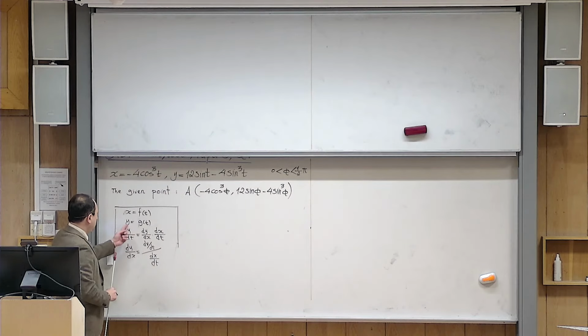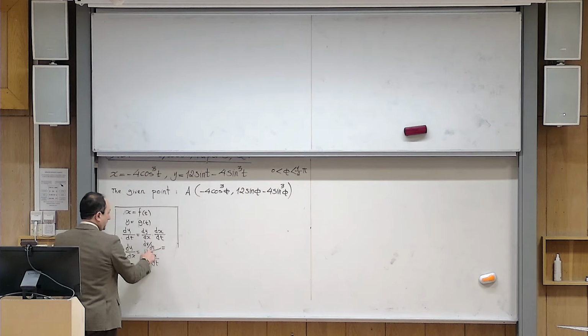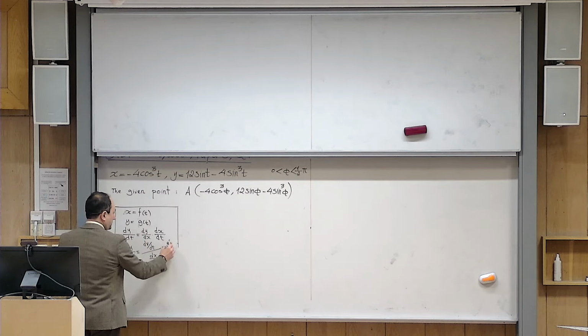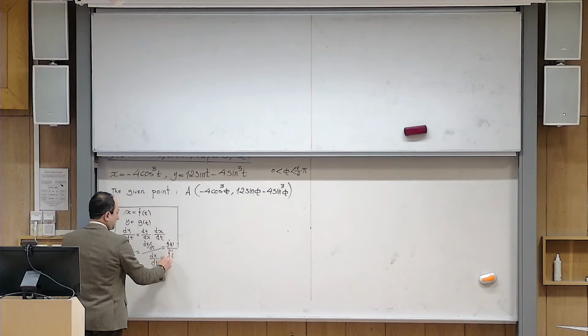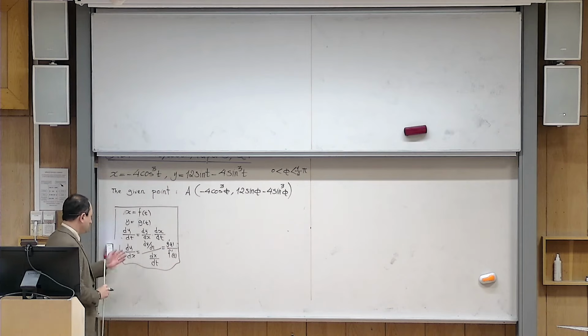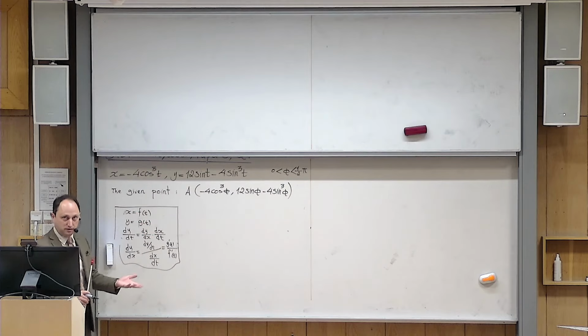Now here you see y is g of t, so another way of writing dy dt is g prime t over dx dt, which is just f prime t. So this is the derivative of the function y with respect to x, which is necessary for this problem.